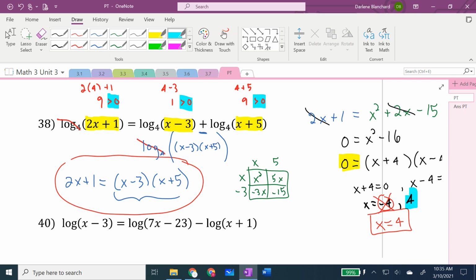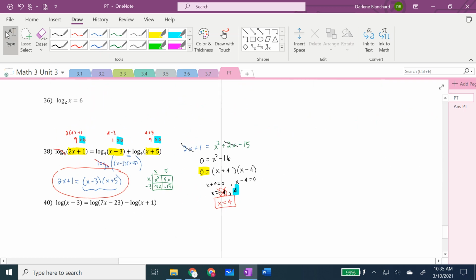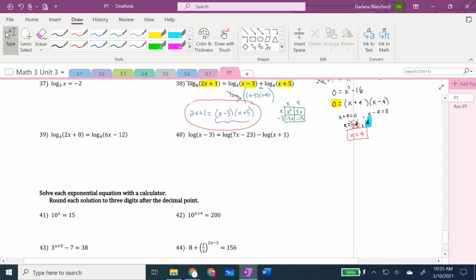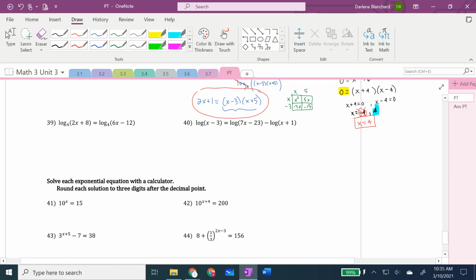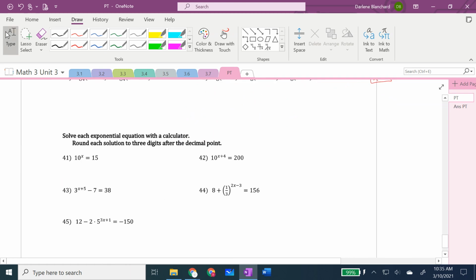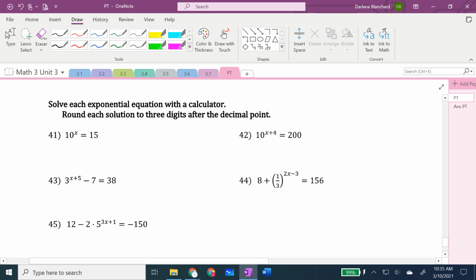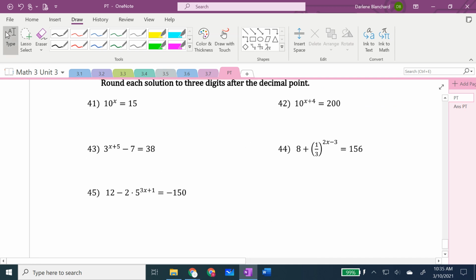Does anyone have a particular number you want me to go to? Otherwise, I will just pick a number to go to. But if you tell me something, I'll do it. I'm not getting anything in chat, so I would say 45 is definitely one of the harder problems.